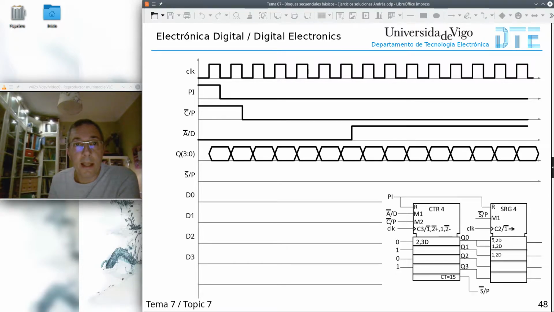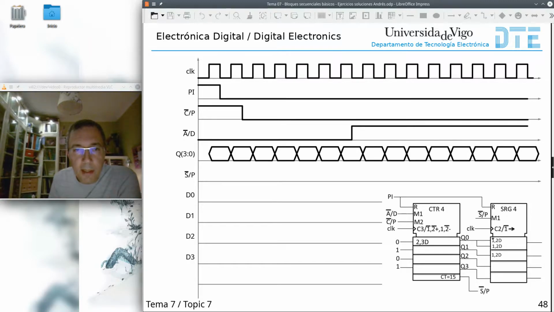I mean, this first rising edge won't take effect because we are acting on the reset of both the counter and the shift register, right? So the next signal that's gonna do something is the reset, and it will stop working here.